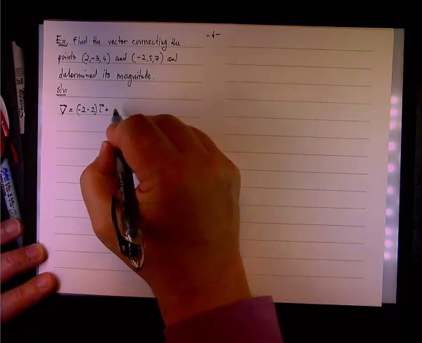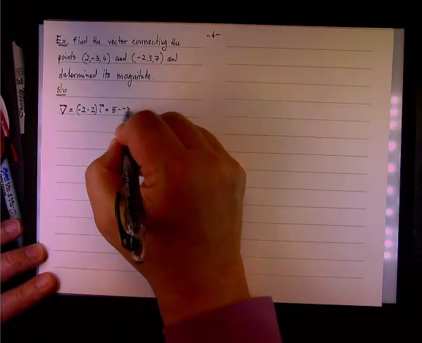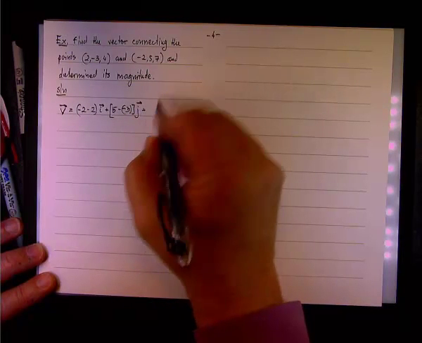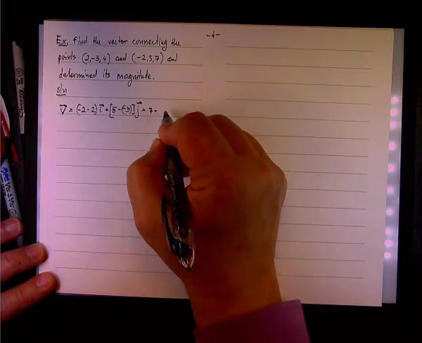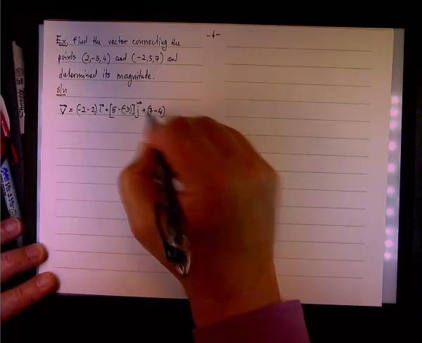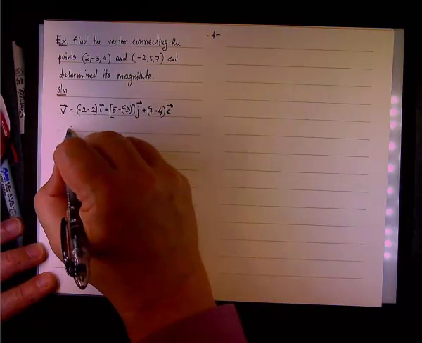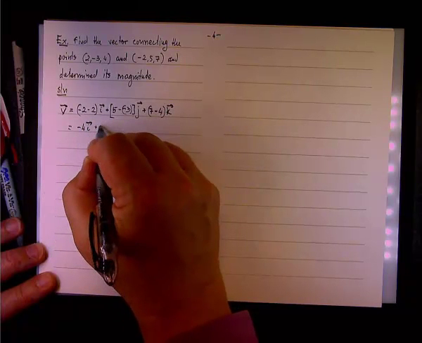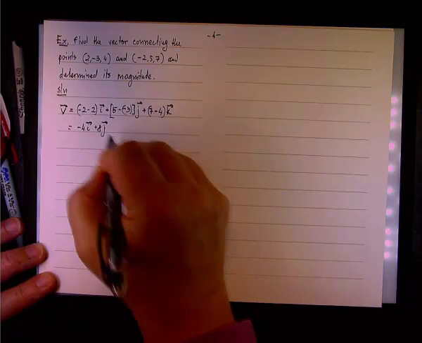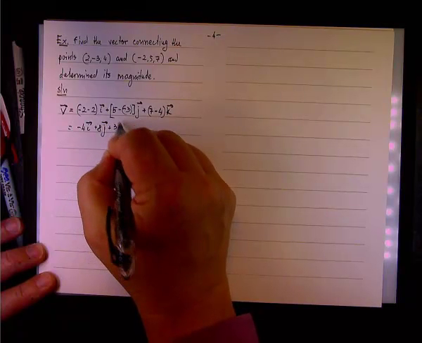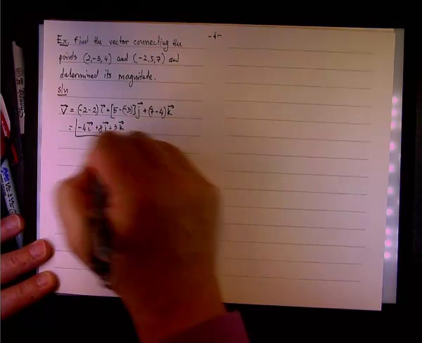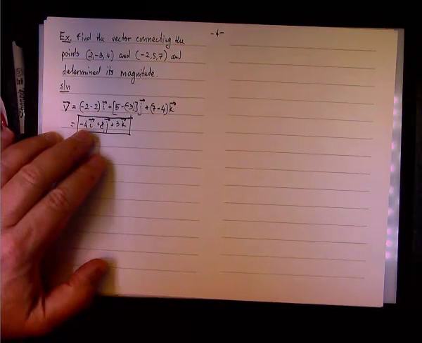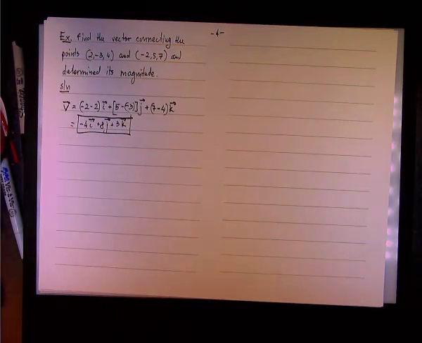So we have -2 minus 2 times i, plus 5 minus -3 times j, plus 7 minus 4 times k, and bring it home. So we have negative 4i plus 8j plus 3k. That's our vector.